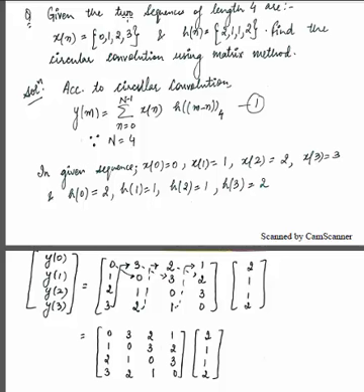First of all, I am writing the first 4 samples, that is 0, 1, 2, 3, vertically. The last sample, that is 3, you need to write again at the starting of the second column.